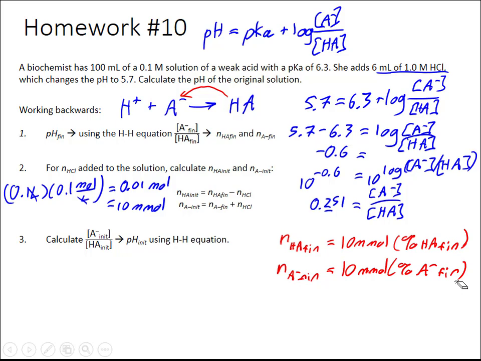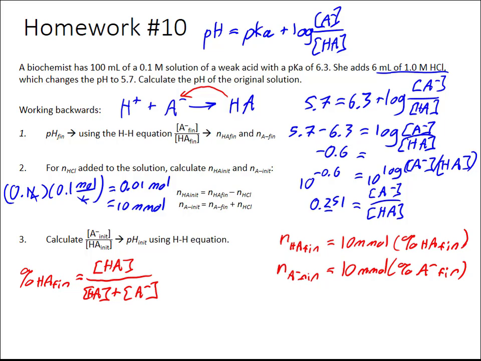And how do we get those percents? There are many ways to do this. One way that I think about it is to think that the percent of HA final is going to be expressed by HA concentration over HA concentration plus A minus concentration. There are many algebraic treatments to get you to this answer.